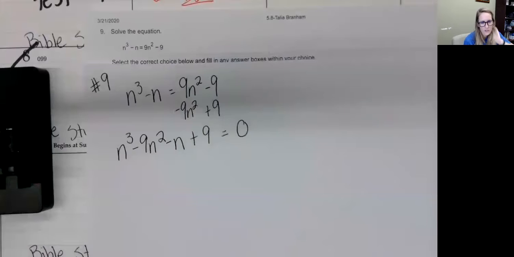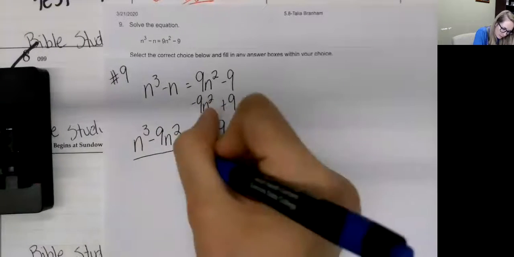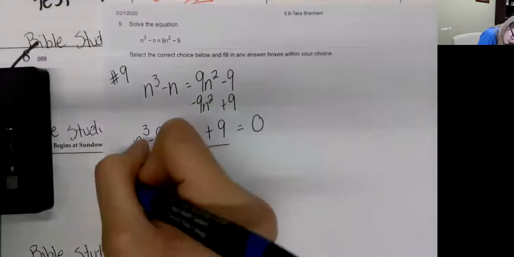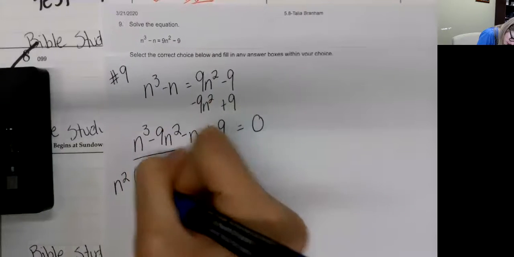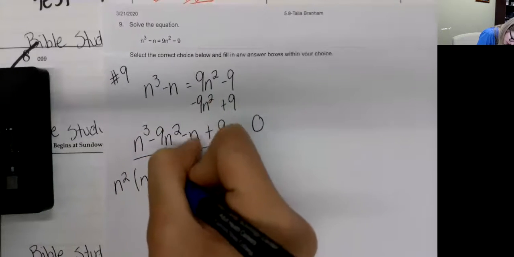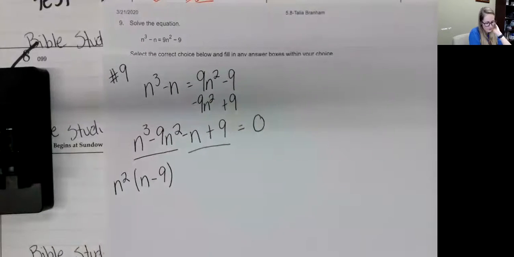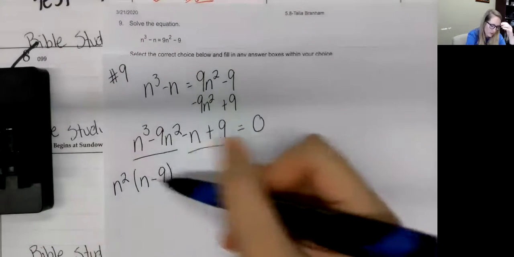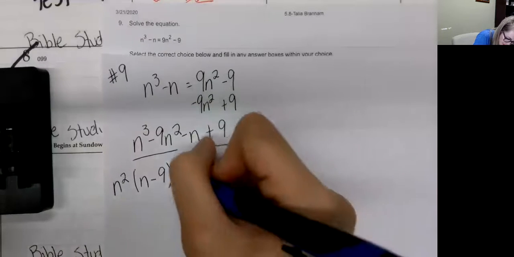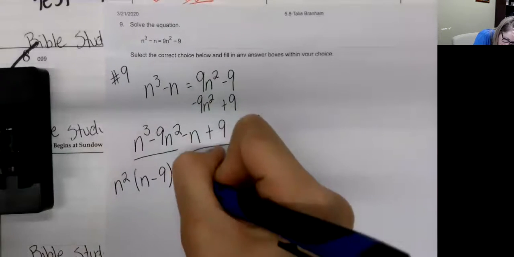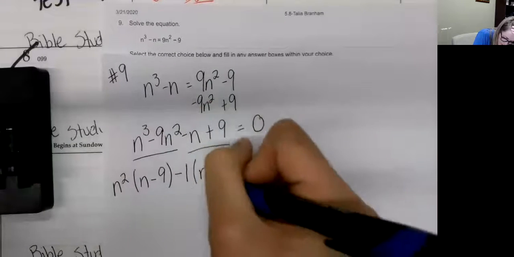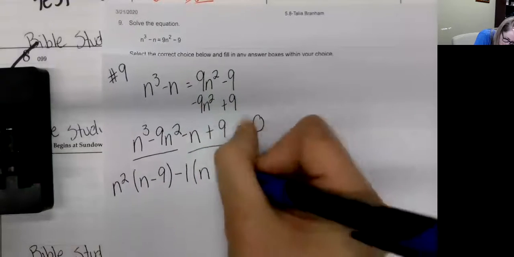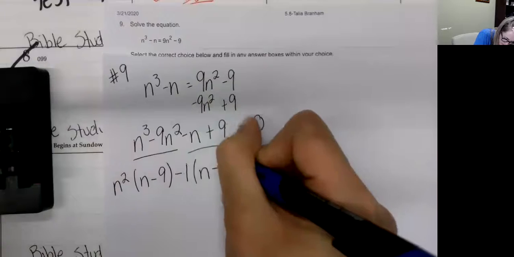Because I'm going to factor by grouping, out of this first part I'm going to factor out an n squared, so I'd have n subtract 9. Then over here I have negative n plus 9, but I want it to look like this one, so I'm going to factor out a negative 1. Negative divided by a negative makes a positive n, and 9 divided by negative 1 makes a negative 9.